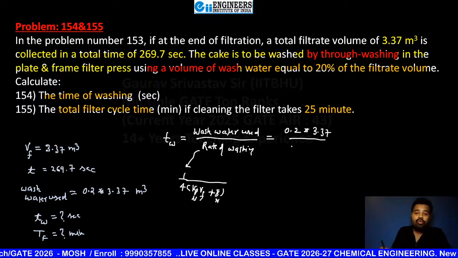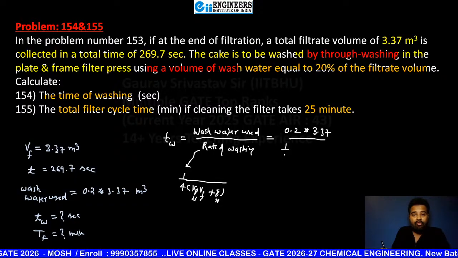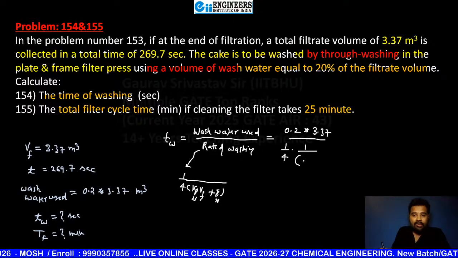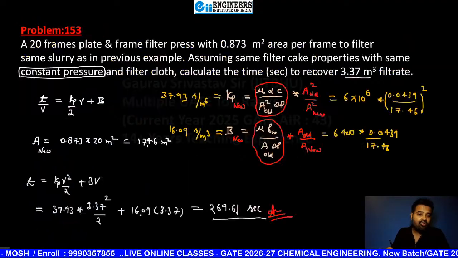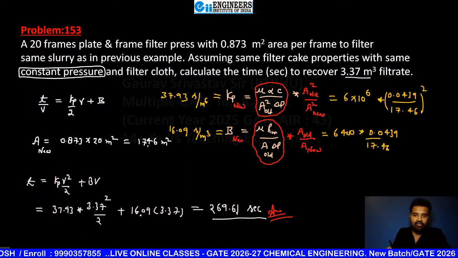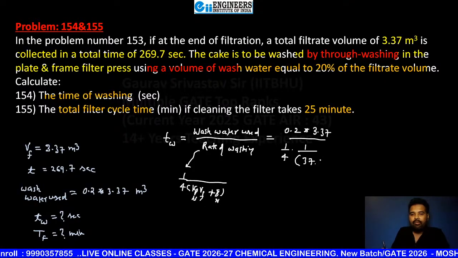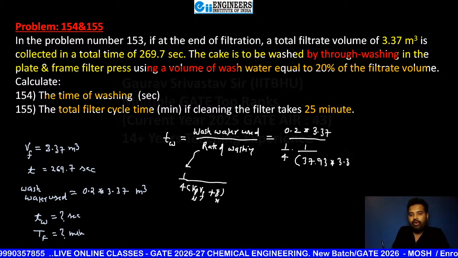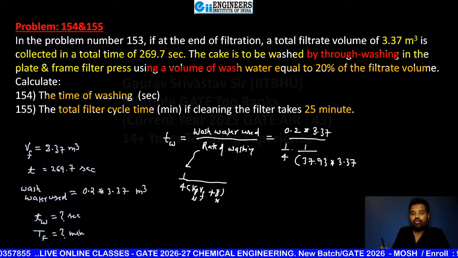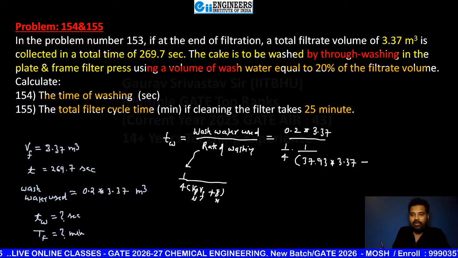So here 1 by 4 into 1 upon (KP new into the final total filtrate collected, 3.37 meter cube, plus B new). What is KP new? KP new is 37.93. And B new, 17.09?